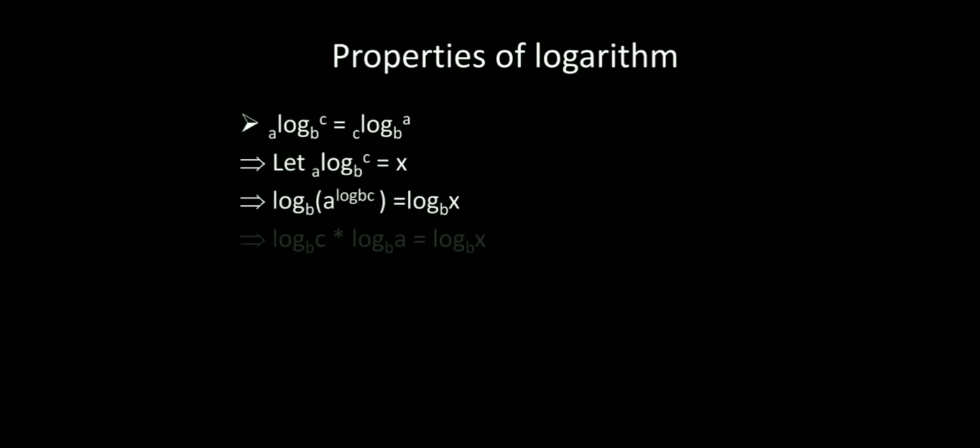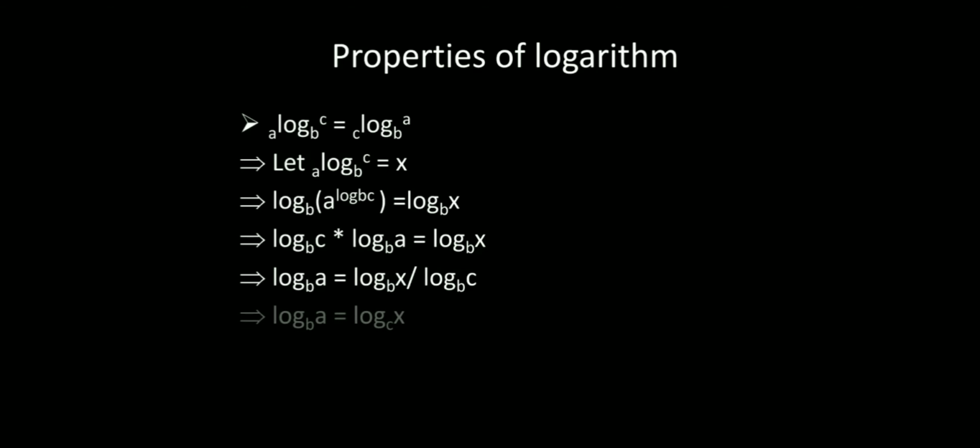The next property is a to the power log c base b is equal to c to the power log a base b. So let a to the power log c base b be equal to x. Then log x to the base b is equal to log of a to the power log c to the base b. How? We are just simply multiplying log b on both the sides.